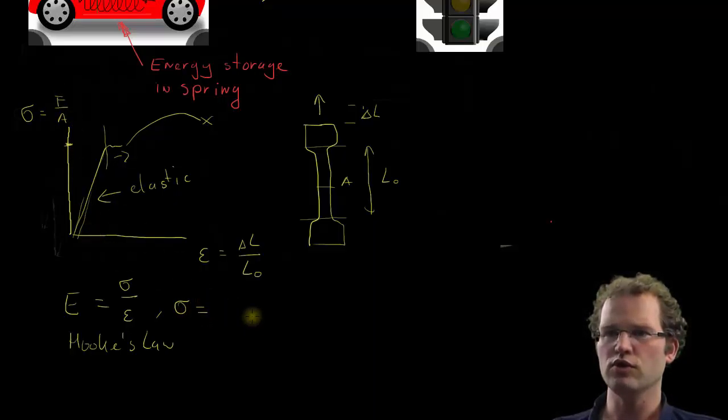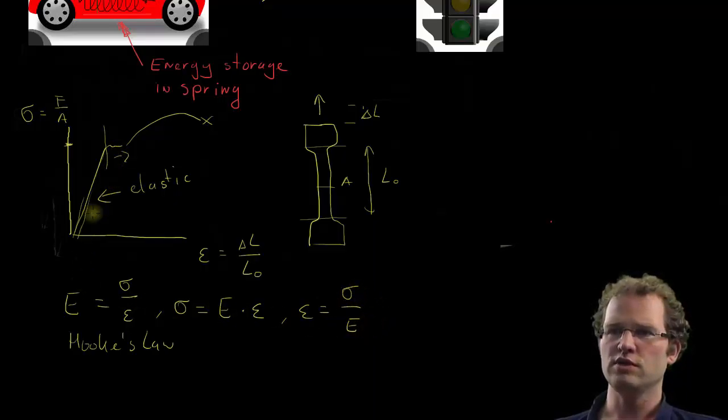Sigma, the vertical one, is the slope times the horizontal, and the way I want to use it later on is to say that the strain is stress divided by the slope of this line. Well, the slope has a name.